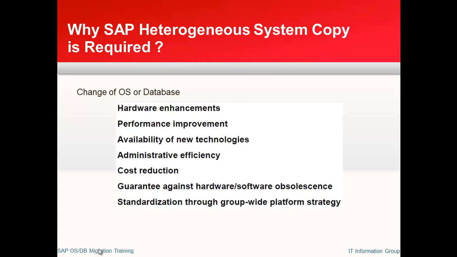Heterogeneous migration, sometimes we call it an OSDB migration as well. Over the period of the trainings, we will be going through the detailed processes of performing a heterogeneous migration. Thank you for joining and have a nice day. Bye bye.